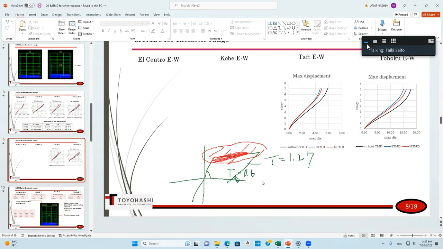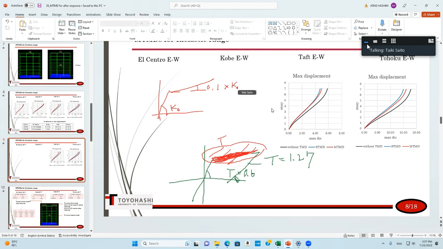So if a TMD is designed to match the second stiffness, it can be, for example, this is K0, and the second slope, suppose this is 0.1 multiplied by K0.